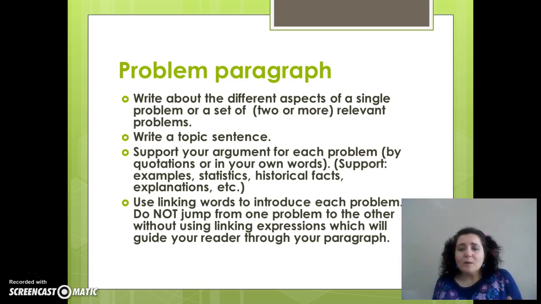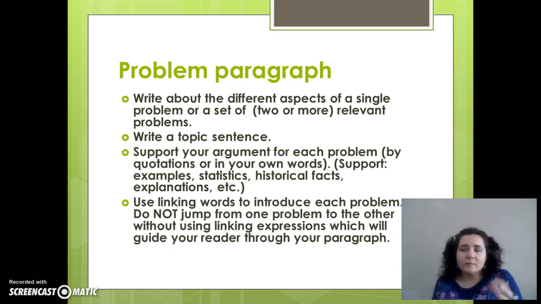So, if you want me to understand you and maybe agree with your point of view, maybe persuade me about whether this is a problem or not, then you should be coming up with specific and solid support, supporting ideas, explanations, examples, so that I can understand you and perhaps I can agree with you that this is a problem.